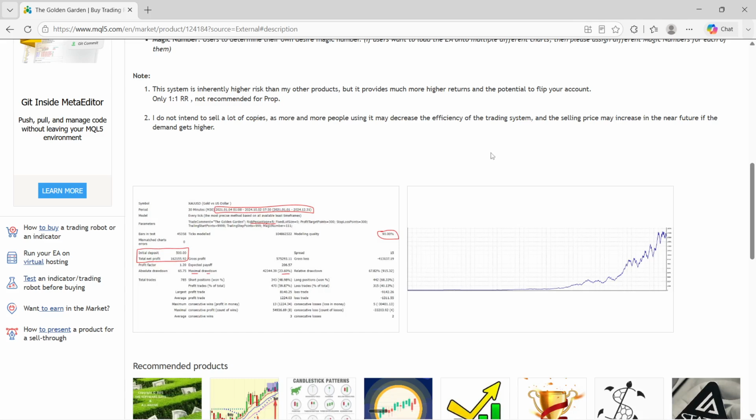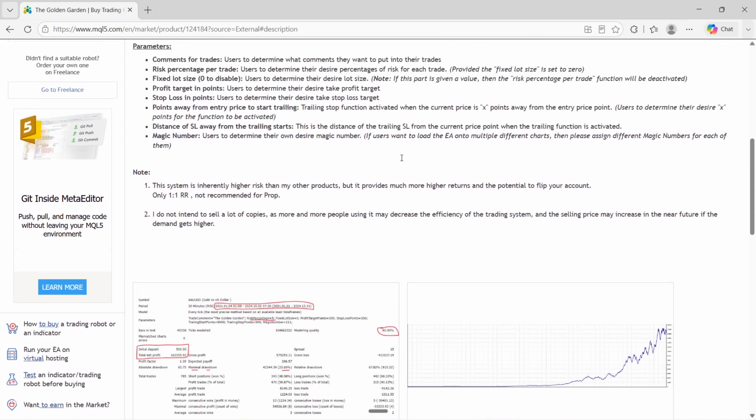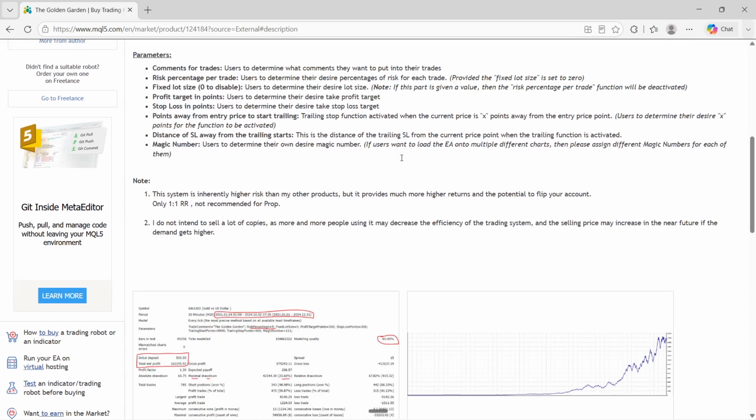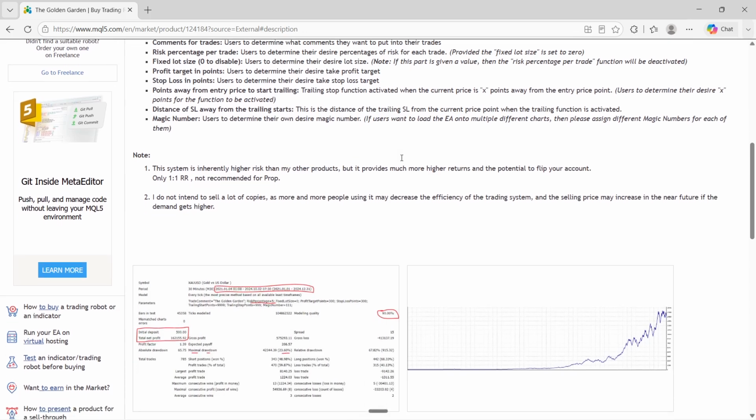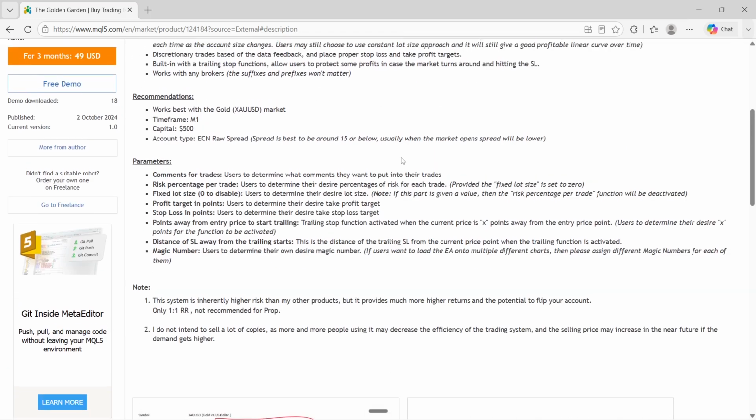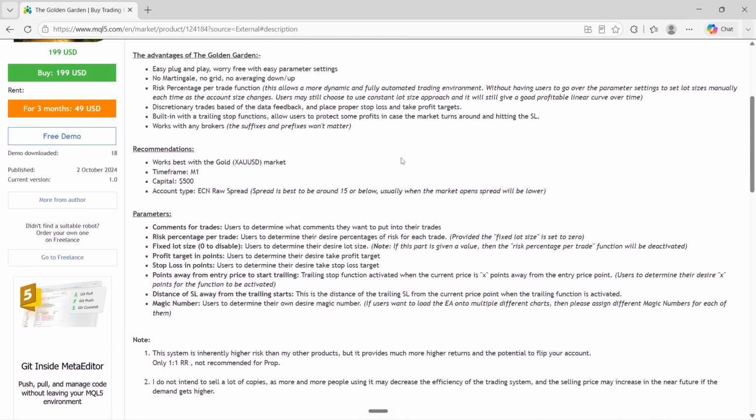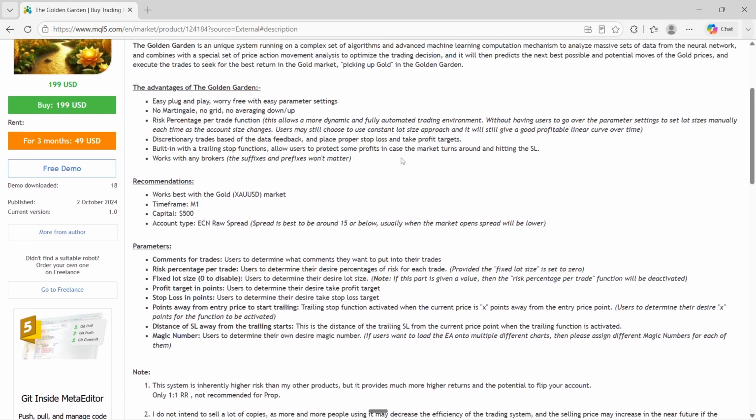So machine learning approaches on gold can be powerful when they successfully identify recurring patterns, but they are also sensitive to regime changes. Gold is highly reactive to interest rates, inflation data, geopolitical events, and risk sentiment. So any model trained on historical data can struggle when the market behavior shifts.